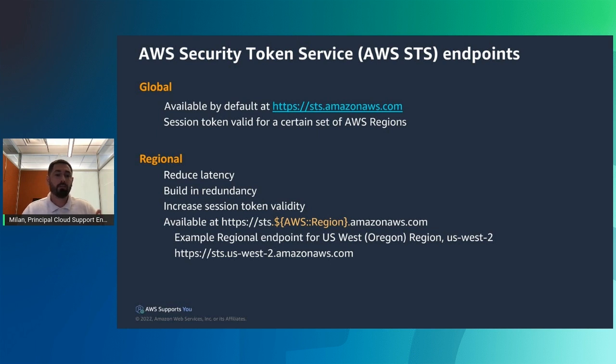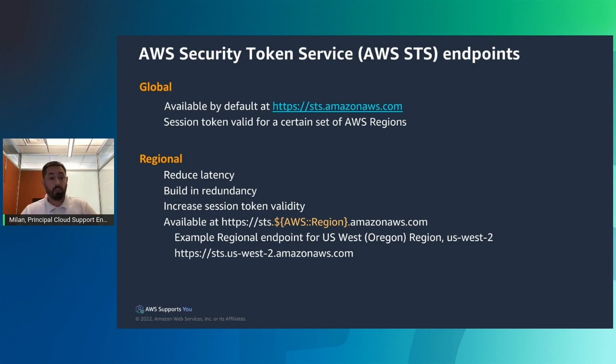And these are valid tokens, but only for a certain set of AWS regions. With the introduction of the regional endpoints, the token version has changed, and now the regional endpoints have something called the version 2 token. And the difference is where these tokens can be used. And I'll talk a little bit more about it in a bit.